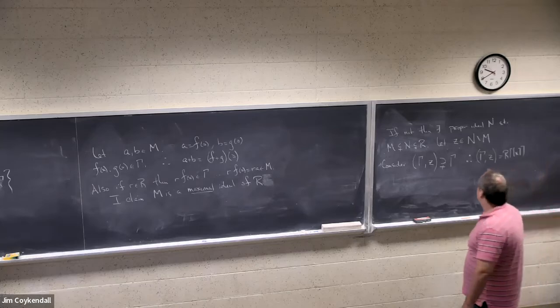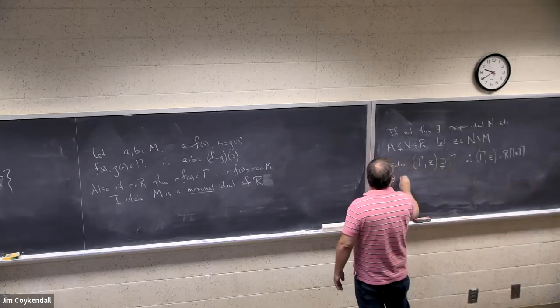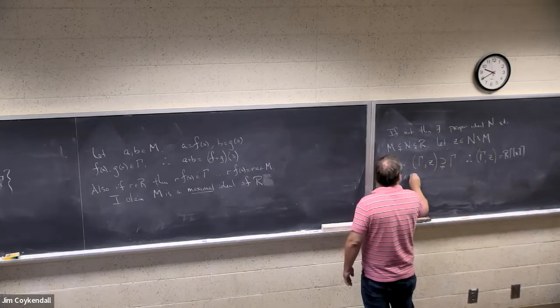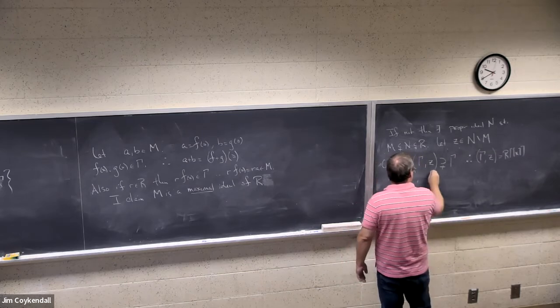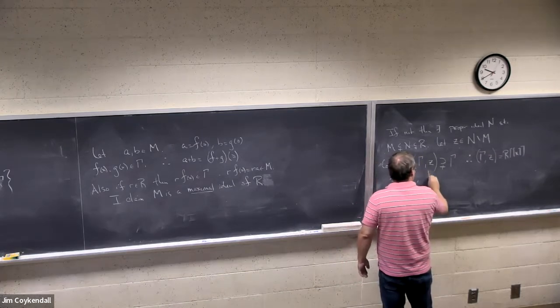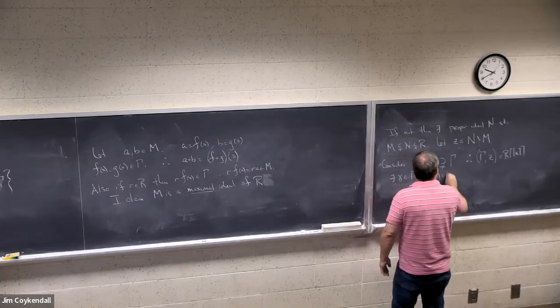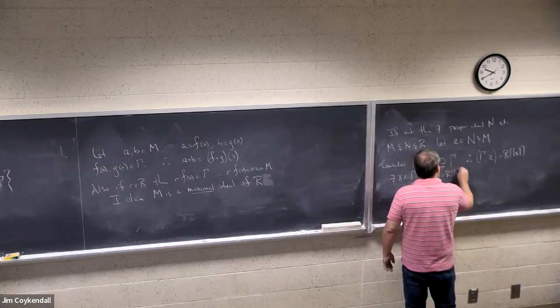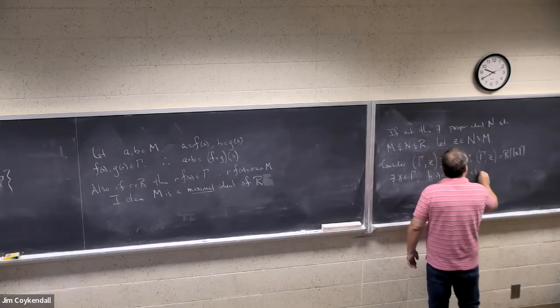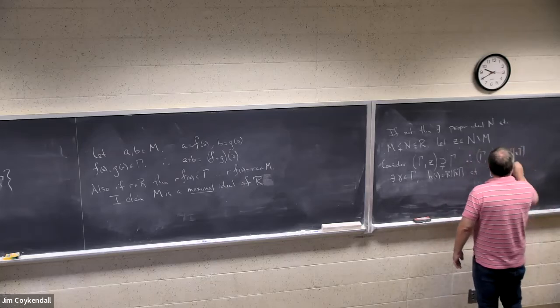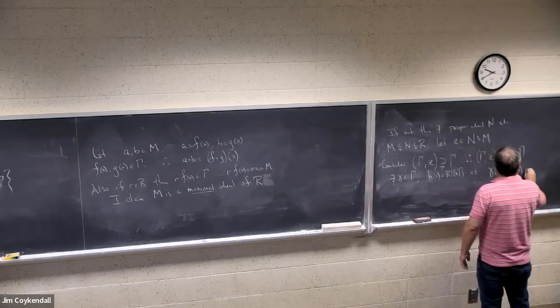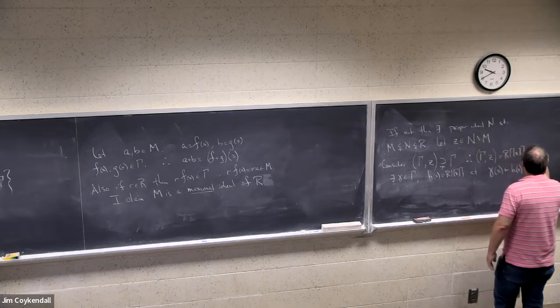So what does this mean? This means there exists gamma of X in gamma, and let's say h of X in R power series in X, such that gamma of X plus h of X times C is equal to 1.